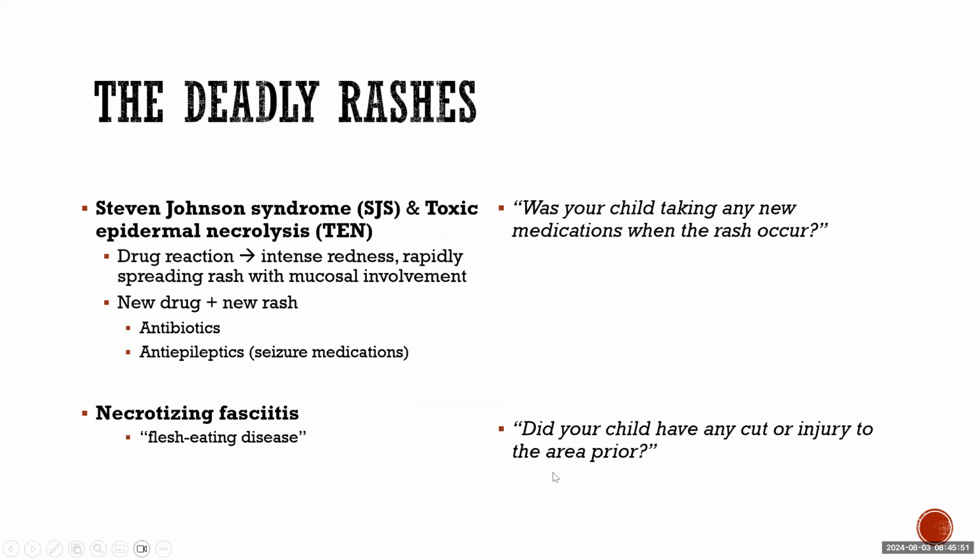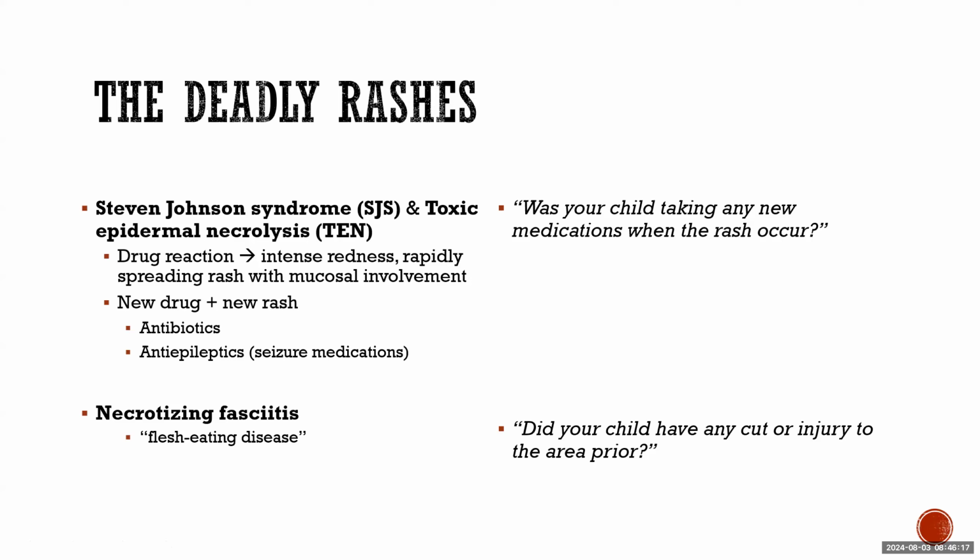Right, and then the last one is just about rashes. I'm going to go very quickly through these rashes because thankfully they are fairly rare, but they are can't-miss. If you have a patient with one of these rashes, you need to be able to recognize it because you need to intervene right away, otherwise they will die. So Stevens-Johnson syndrome and toxic epidermal necrolysis.